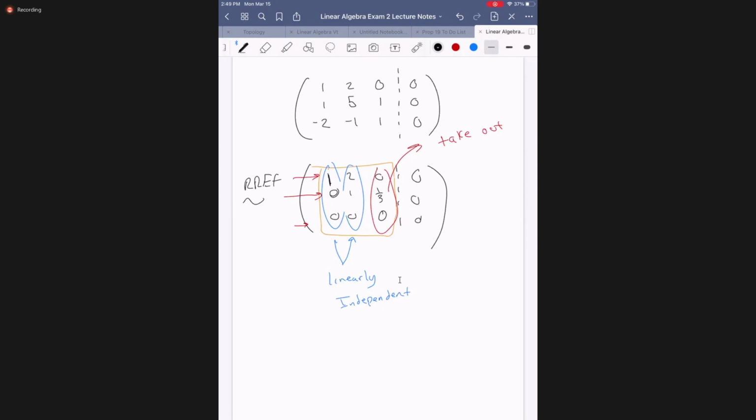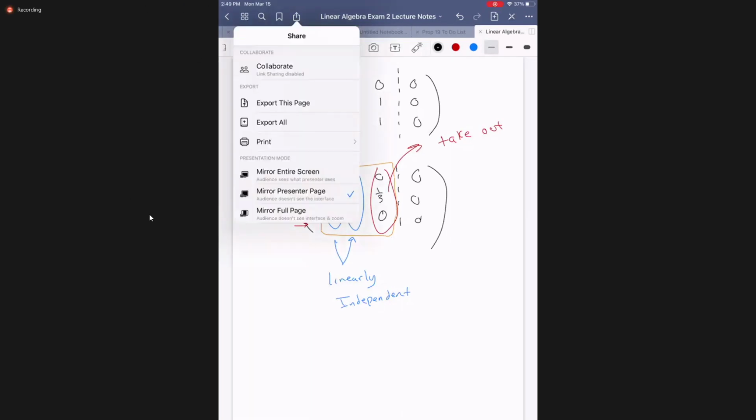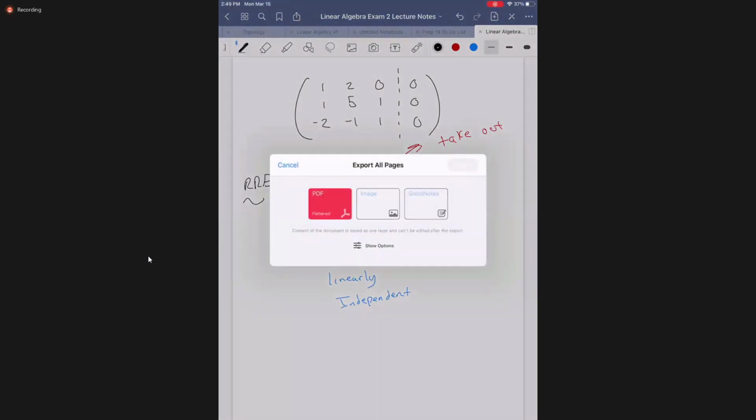Okay, so I think that finishes this section. We'll still be talking more about the span stuff. So next time we talk about something called a basis and the dimension of a vector space.